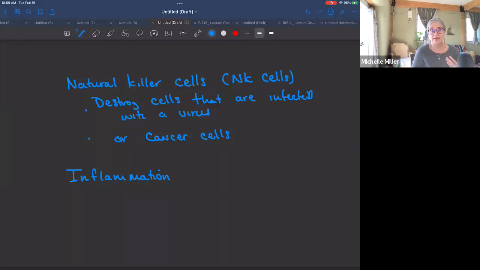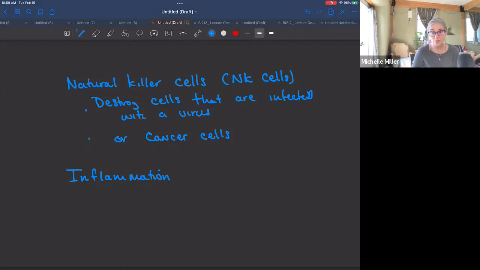And it could also be acute versus chronic. So acute inflammation is something that happens for a reason, like it's a response that is happening because of an immediate injury. But chronic inflammation is something that stays around for a long period of time.